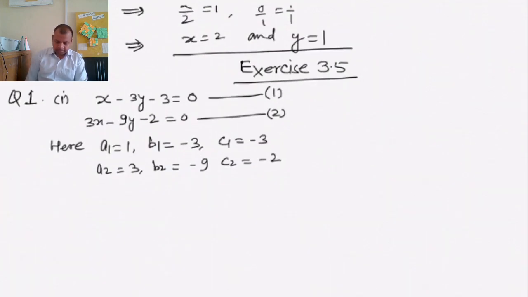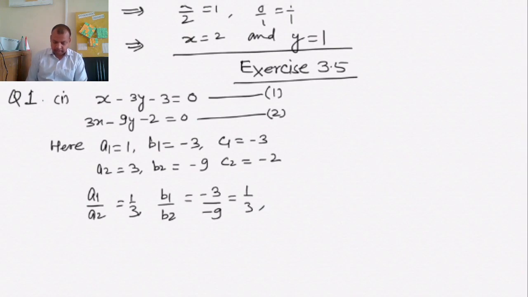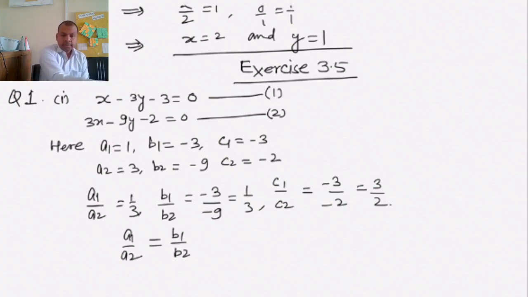So here a1 by a2 is 1 by 3, b1 by b2 is minus 3 upon minus 9 which is 1 by 3, and c1 by c2 is minus 3 upon minus 2 which is 3 upon 2. So actually we see that a1 by a2 is equal to b1 by b2, but it is not equal to c1 by c2.